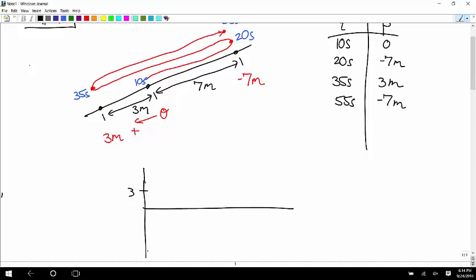So there's 3, there's negative 7, here's 10, 20, 35, and 55.